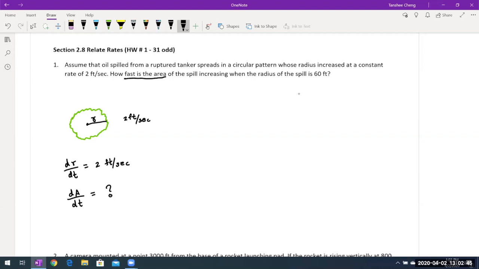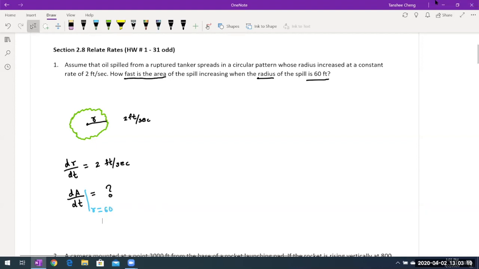So in the question, it specifically says we want to find how fast the area is increasing when the radius is 60 feet. Make sure you write it down correctly for later, because we want the rate of change in area with respect to time exactly when the radius is 60 feet. That's what we want to evaluate in this problem.